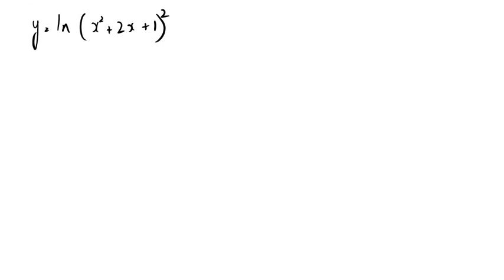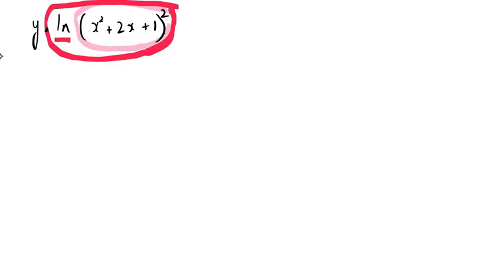Let me keep doing 3-tiered functions. So let's do y equals ln of (x squared plus 2x plus 1) to the power 2. So here we have the mother function, which is the entire function.